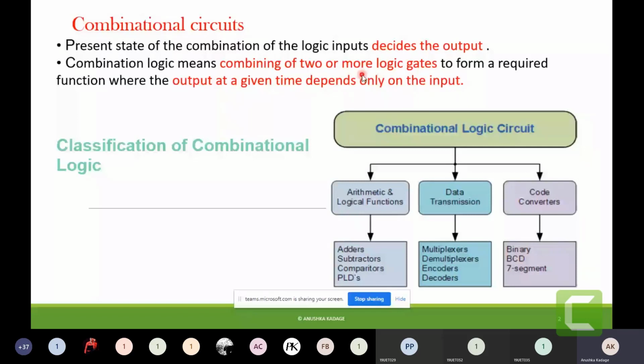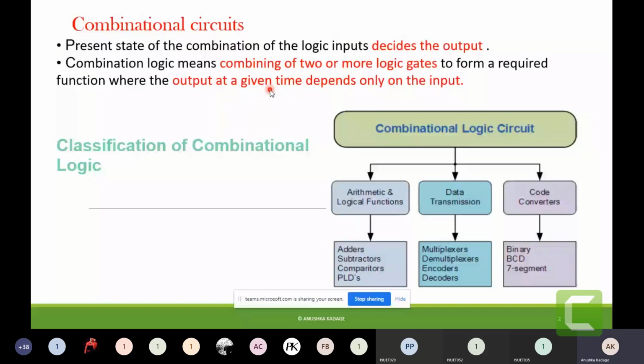So combinational logic is combining 2 or more logic gates, and these logic gates will be combined to form some particular function, and that function will define the output based on the current input for that particular circuit.